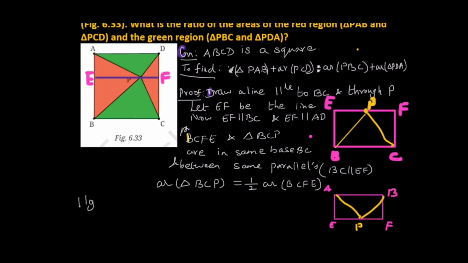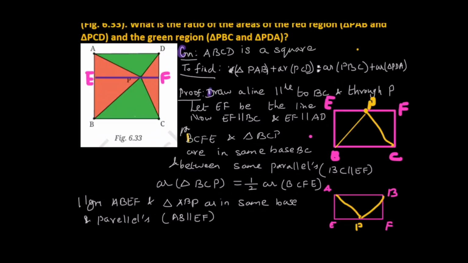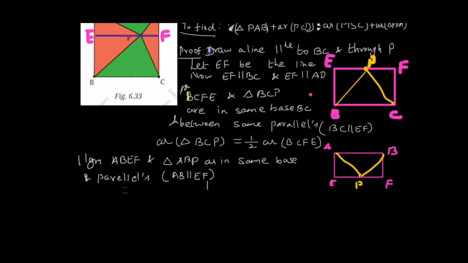Now parallelogram ABFE and triangle ABP are on the same base and between the same parallels. The parallels are AB parallel to EF, which means the area of the triangle ABP is equal to half of the area of the parallelogram ABFE.